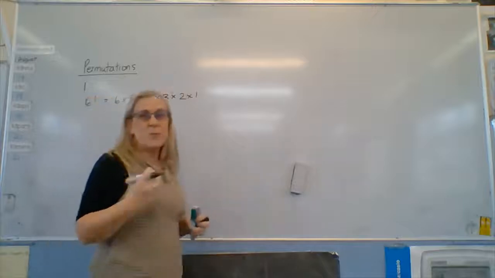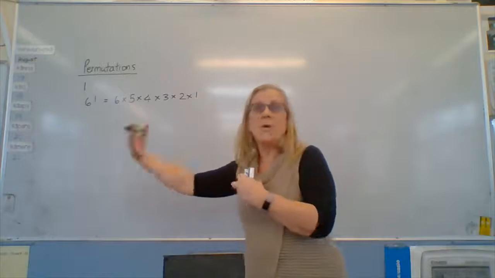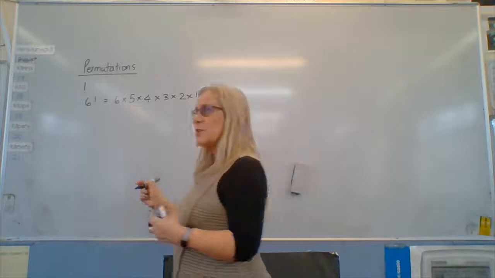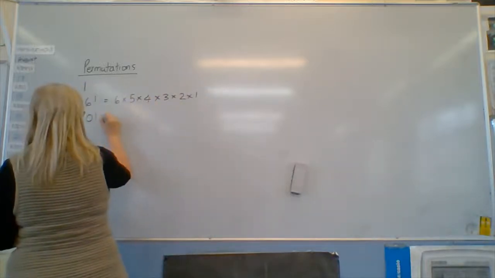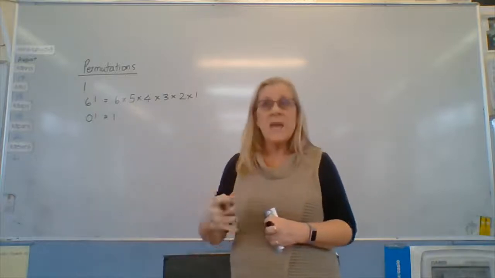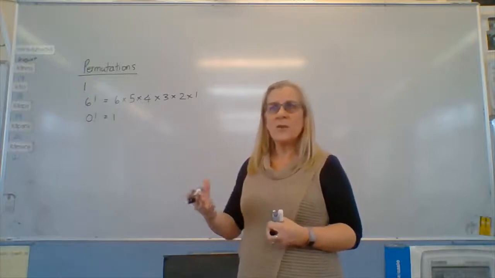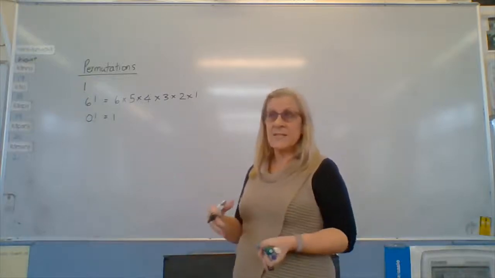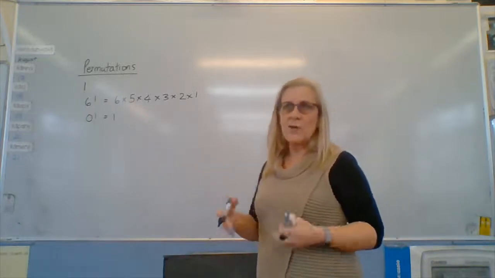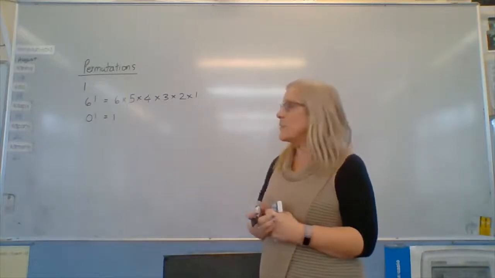And yes, it is silly to have the times 1 on the end, but that times 1 is important because it is from whatever number we are down to and including 1. 0 factorial equals 1, because this is a multiplicative concept and we don't want anything being destroyed by that 0 factorial, so we use 1 because 1 times anything leaves it the same. If it was an additive model, then 0 factorial would have been 0, because 0 doesn't change something when we're adding things. So it is about the type of thing we're dealing with.